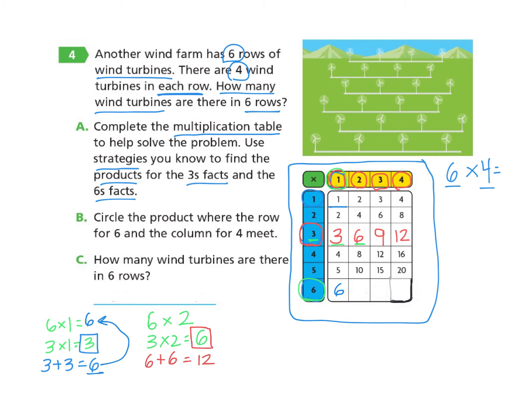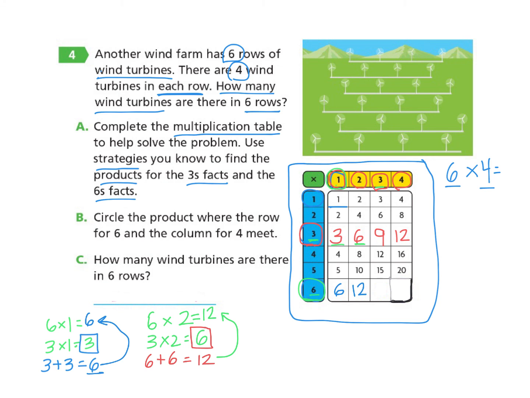So we know, oops, I forgot to put the equal sign here. Sorry about that. We know that 6 times 2 is 12 because we doubled the product of 3 times 2. So we can go ahead and write that in here.